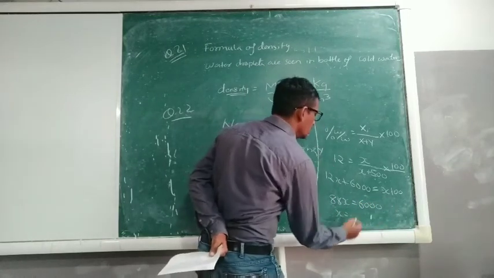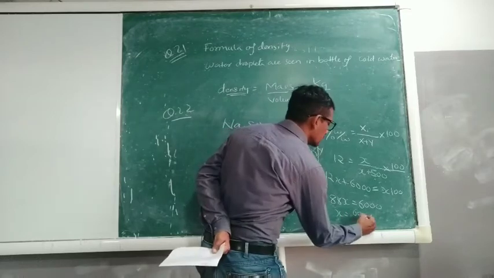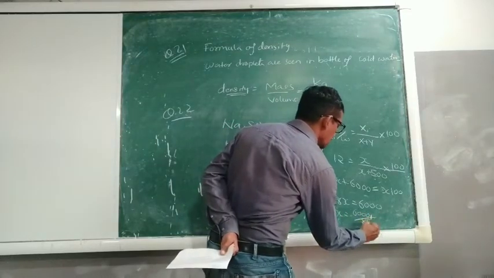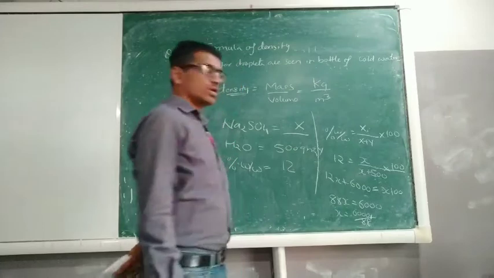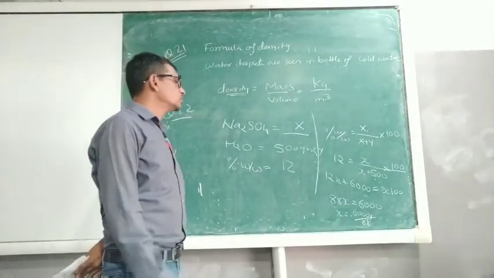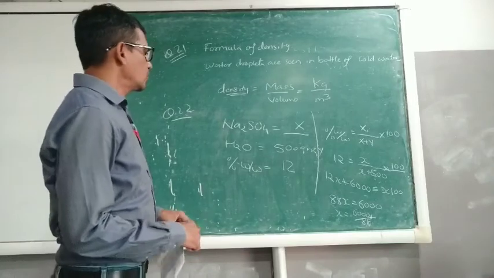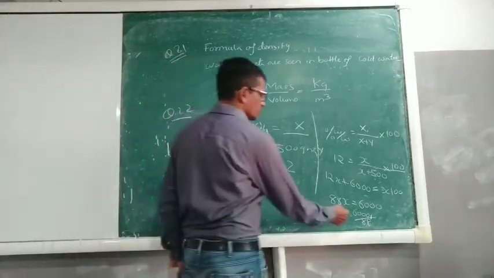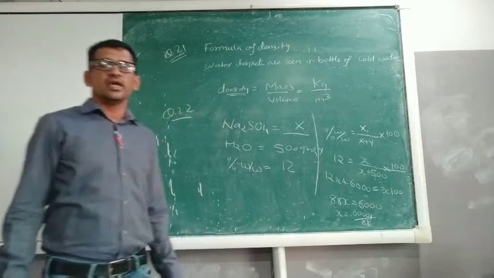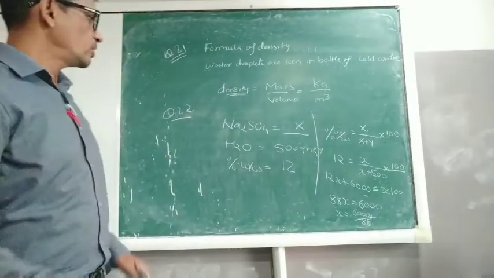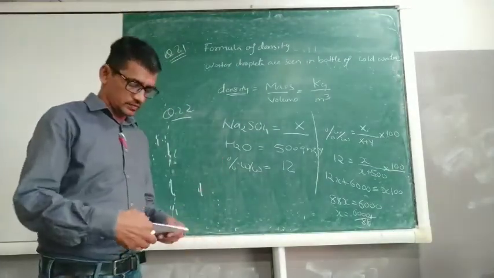So x is equal to 6000 divided by 88. Whatever answer comes, that gives the mass of sodium sulfate, how many grams of sodium sulfate is added in water to get a 12% solution.